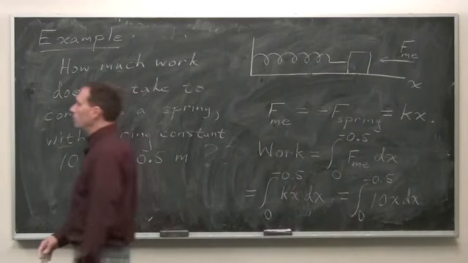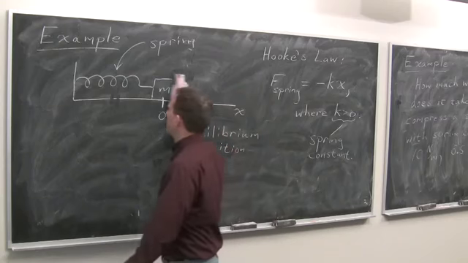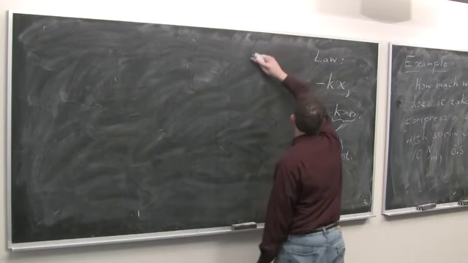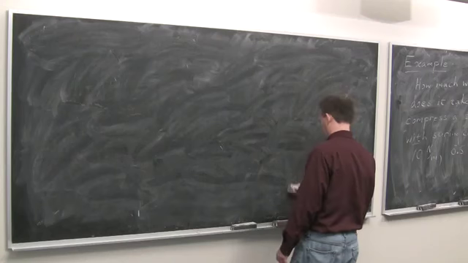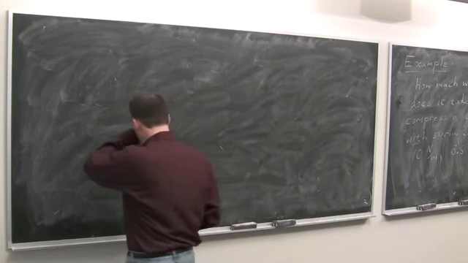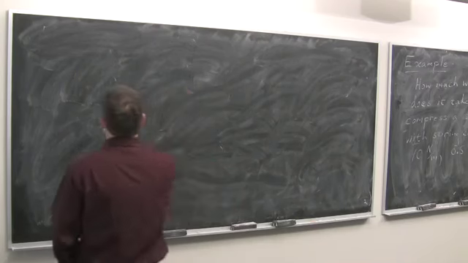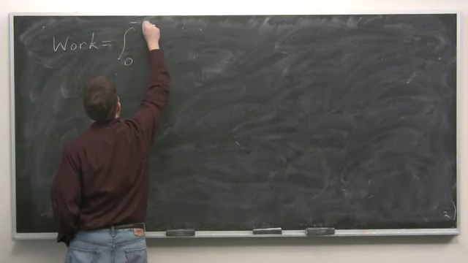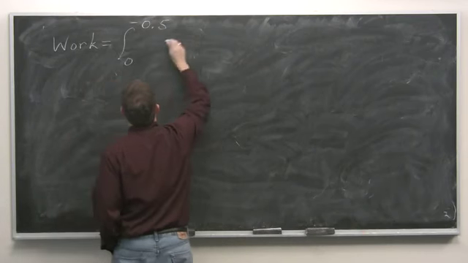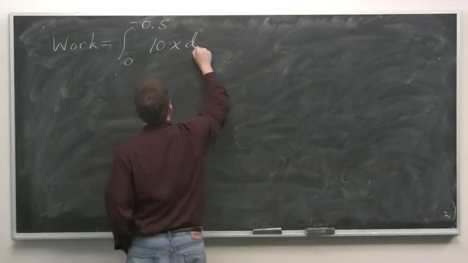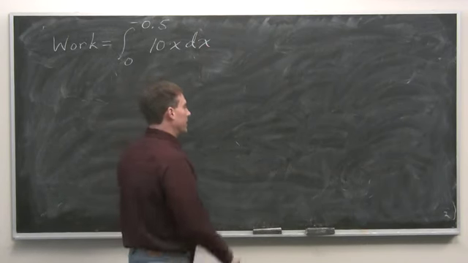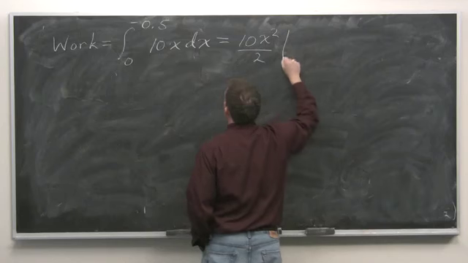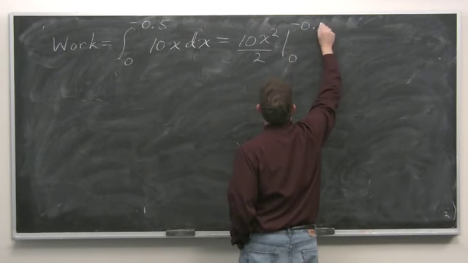All right, so how much work do we do? The integral from 0 to negative 0.5 of 10 x dx. That's just the power rule again. You get 10x squared over 2. You evaluate from 0 to negative 0.5.